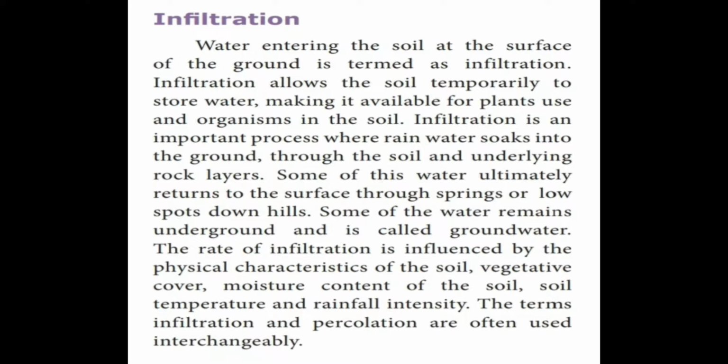Infiltration allows the soil temporarily to store water, making it available for plants and organisms in the soil. So that water is used for the plants and trees to absorb water for its root.